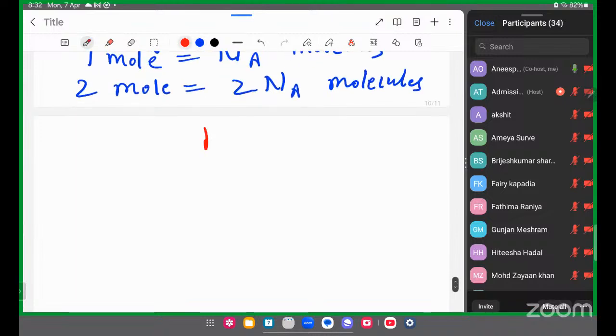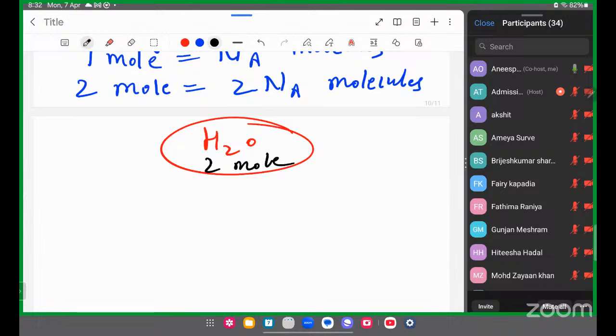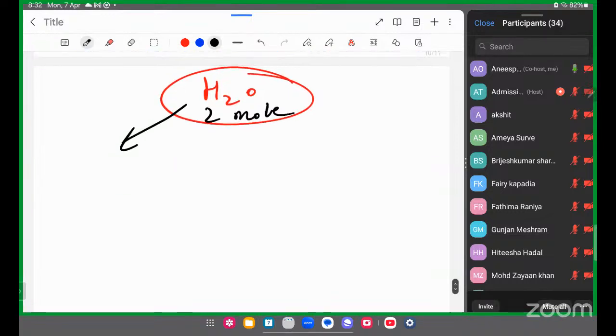Now the question is, if we have 2 mole H2O, how many moles of hydrogen will be in 2 mole H2O?